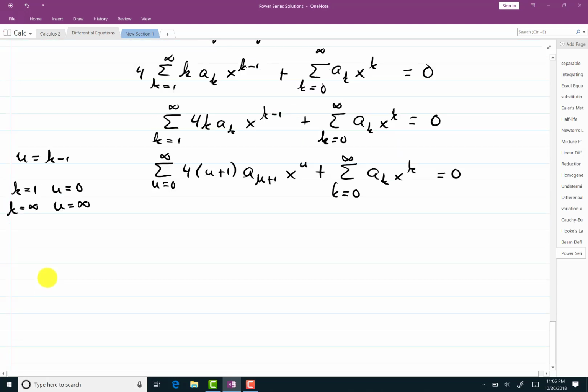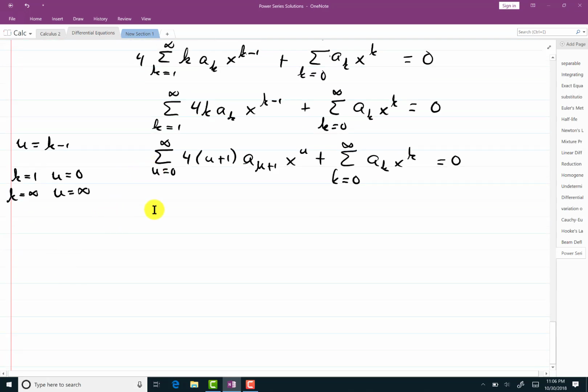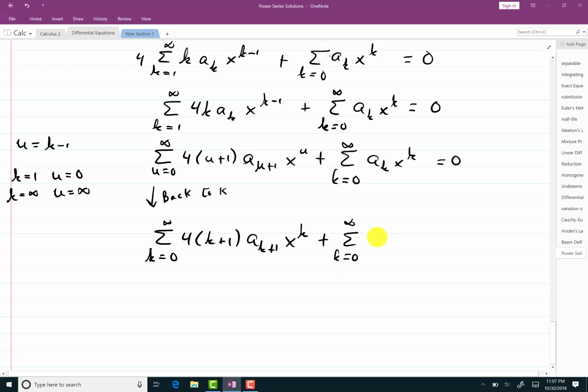Now I'm going to appeal to the fact that this u is a dummy variable, and I'm actually going to switch back to k. Because the variable is dumb, it doesn't know. So I'm going to say the summation k equals 0 to infinity, 4 times k plus 1, a sub k plus 1, x to the k, plus the summation k equals 0 to infinity, a sub k x to the k.